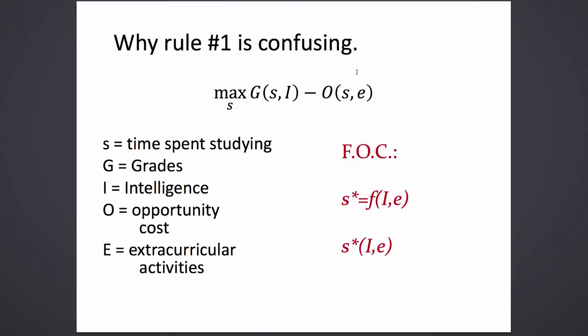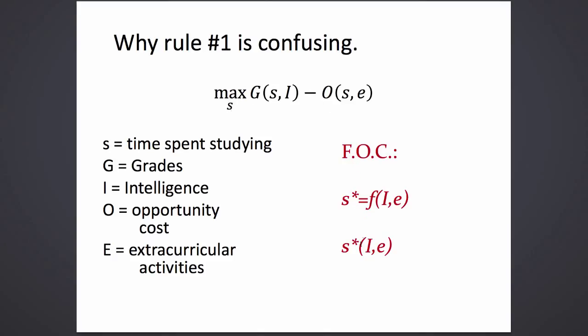If we look at this well laid out model that follows rule number 1, where time spent studying is inside the parentheses, and we take the first order conditions, we're going to get the optimal time spent studying, which is different than this S. The difference between these two S's is that this one has a star, meaning this is the specific time spent studying that optimizes the student's utility, where utility is defined up here by grades and opportunity cost. This S has not yet determined what its optimal value is. This S could take on any value, and we don't know the optimal until we actually solve the model.